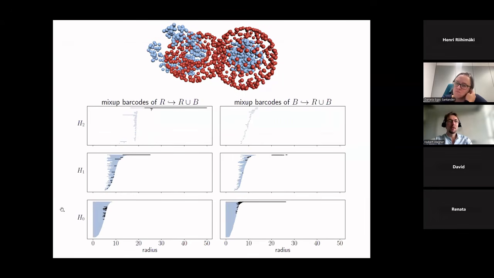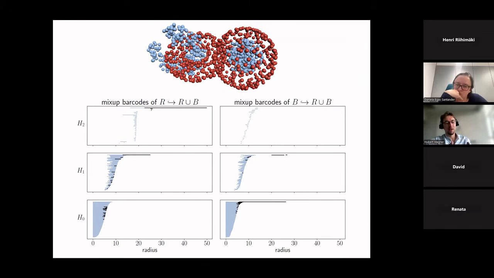We could also do this in degree 0, so it would have something to do with how connected components merge, but nothing really interesting is happening in this case. But if we look from the other perspective, if we include the blue points into the union of red and blue, we do have interesting information about H0.